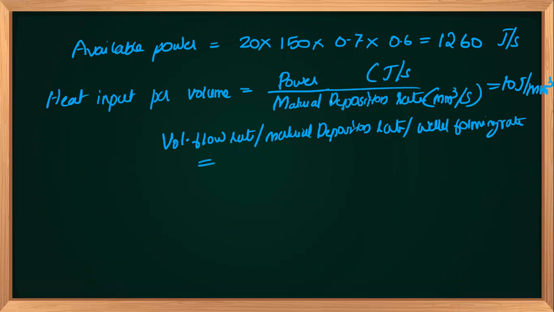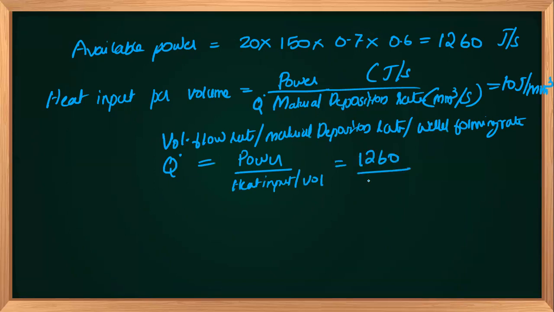So this will be equal to, let it be q dot I will write. So what will be our q dot? Q dot will be our power divided by that heat input per volume. It will be equal to 1260 divided by 10, which equals 126. What will be the unit?